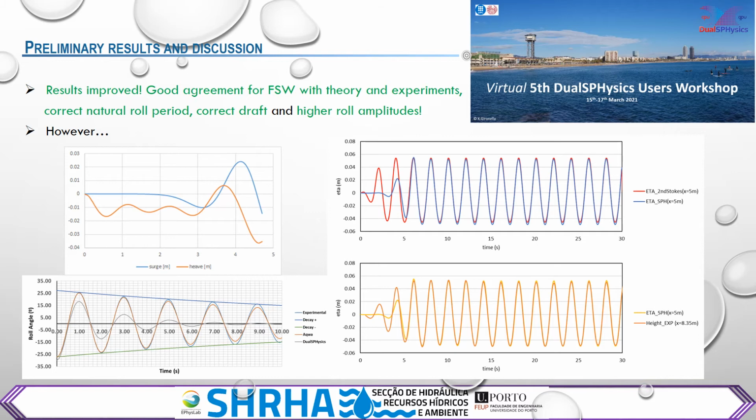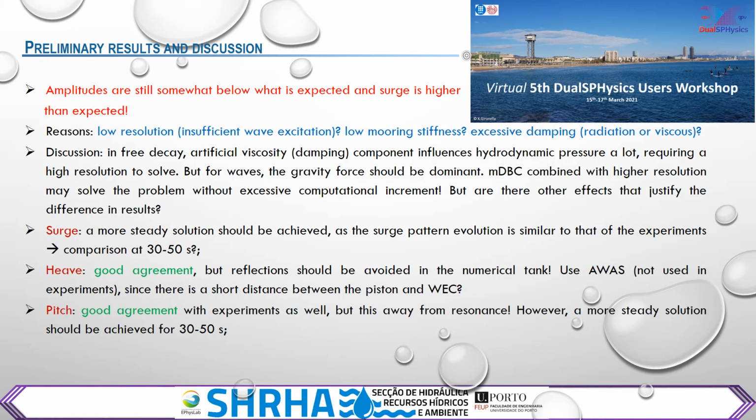We got good results for the free surface elevation, good agreement between theory and experiments, correct natural roll period, correct draft, higher roll amplitudes. However, there's still some differences. As you can see, for example, on the bottom from the 3 decay test, there's still some differences. There's a sort of excessive damping effect, and this also causes the amplitudes to be somewhat lower than expected. And there are many reasons for this.